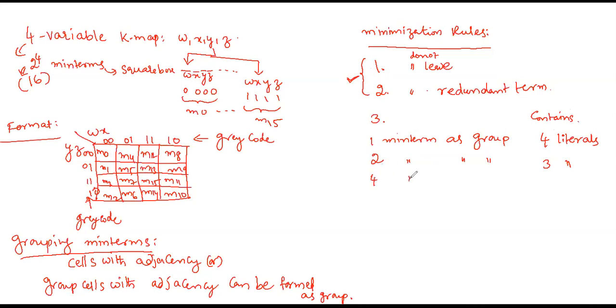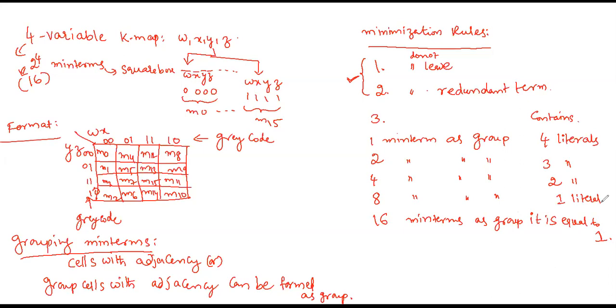If you form 4 minterms as a group, it contains 2 literals. If you form 8 minterms as a group, it contains 1 literal. If you combine 16 minterms as a group, it is equal to 1. This is about the 4-variable K-map.